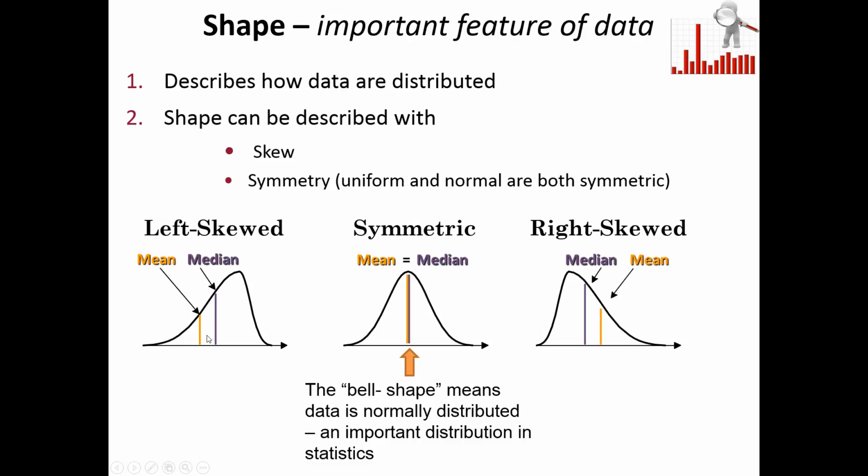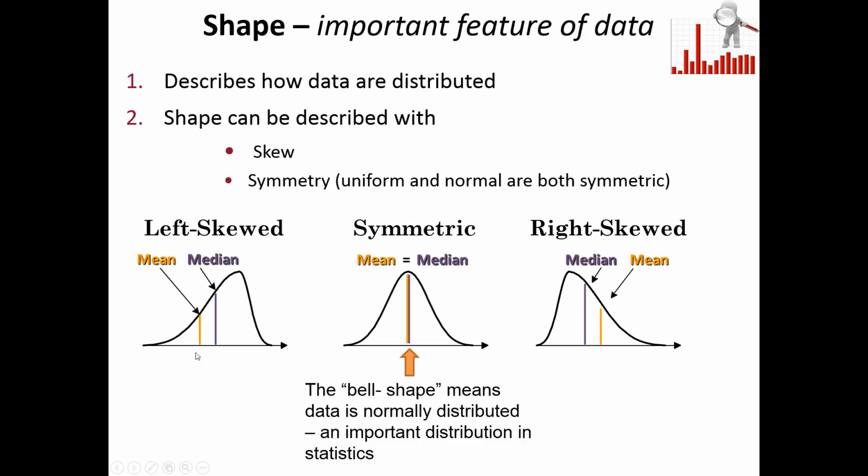In a left skew, there's a longer tail on the left side than in the symmetric case. And in a left skewed situation, the mean is pulled to the left because these values are much smaller, and those will have an effect on the mean because the mean is the sum of all the values.